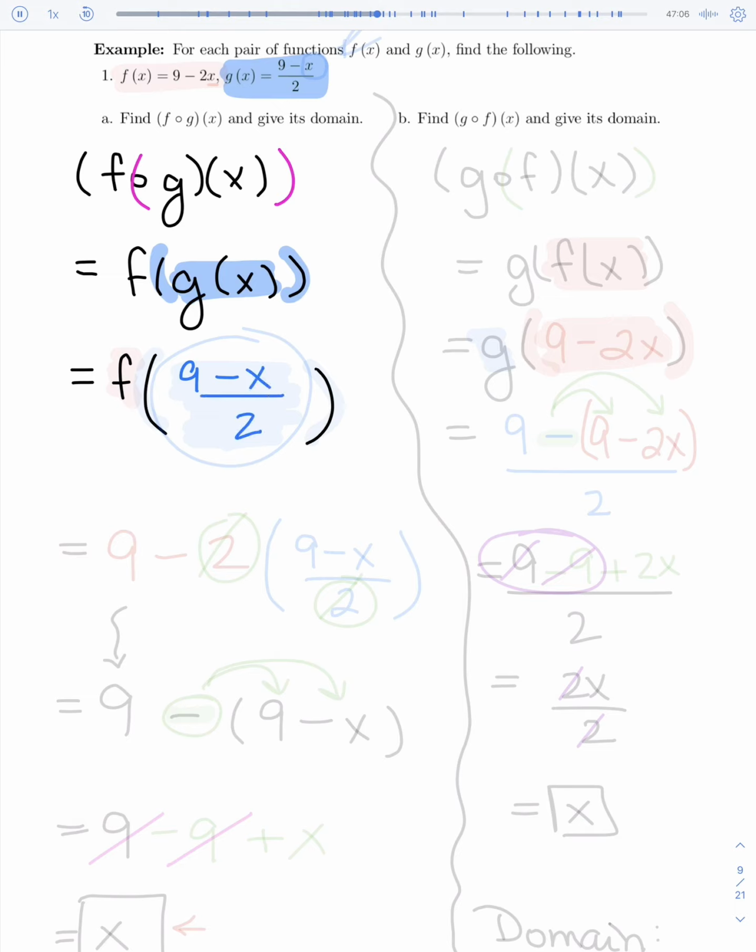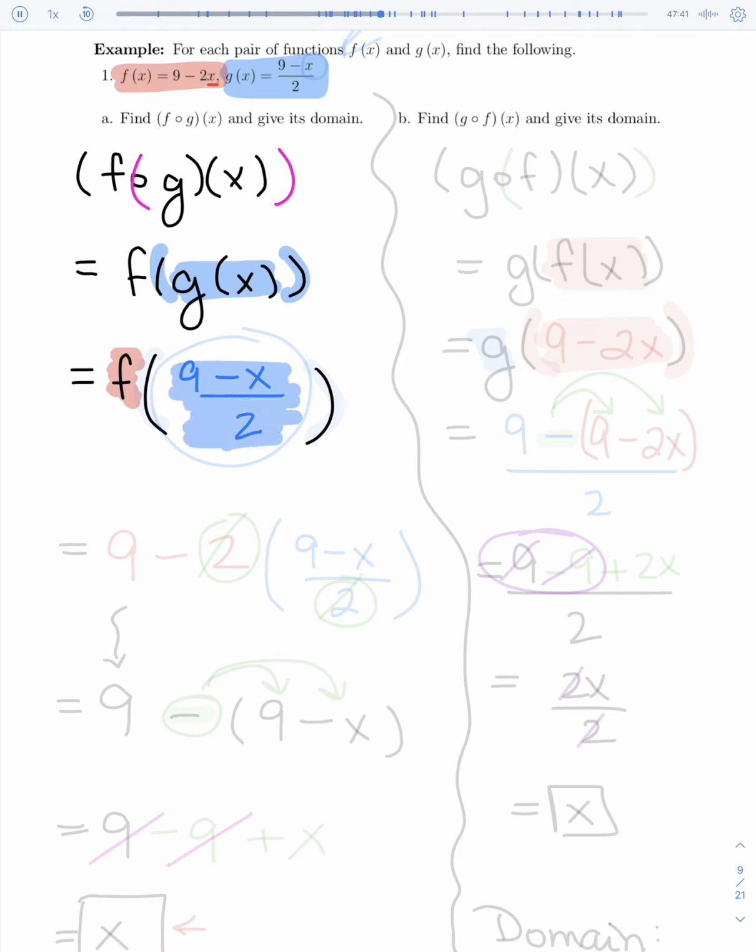Perfect. Now the question is, what am I going to do with this? Now that the g is gone and we've just got the f, what does it mean to have this f out in front? It means to take whatever's on the inside and plug it into your function f wherever there's an x. So I'm going to go to my f function, and where my x is, I'm going to replace it with what's inside, which is this 9 minus x over 2.